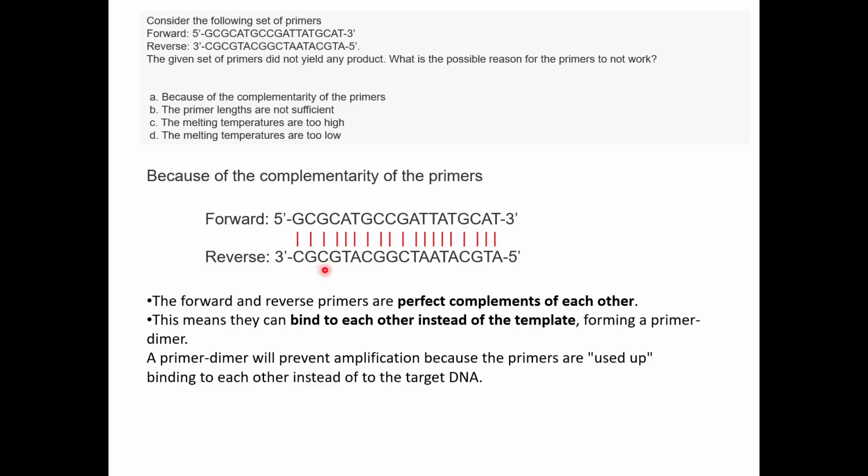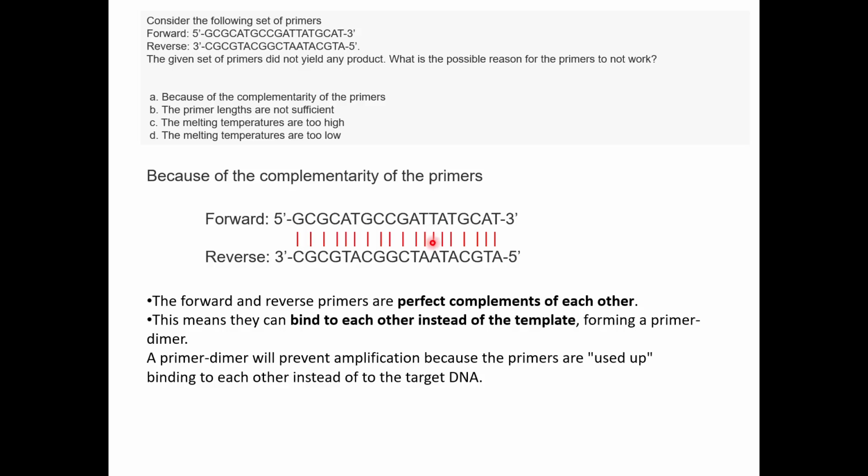Throughout the length, every nucleotide is complementary from the forward to the reverse. So instead of binding to the template DNA, these bind to each other more efficiently because they are smaller in size, and they can bind to each other as soon as you add them into the reaction mixture.